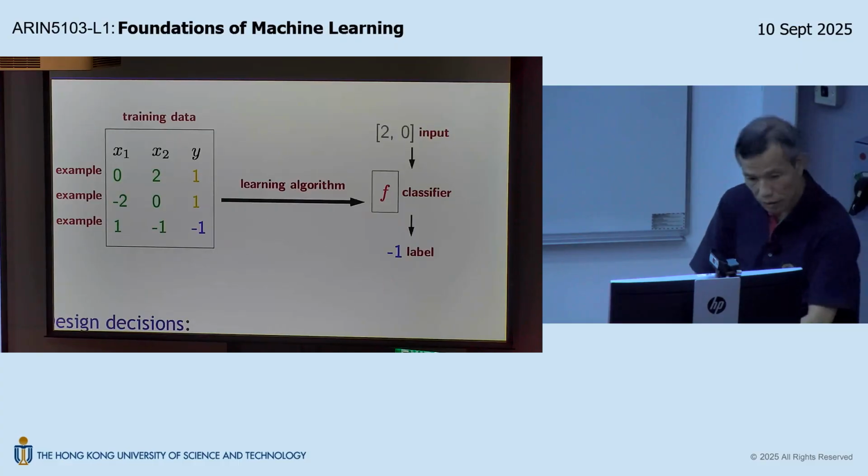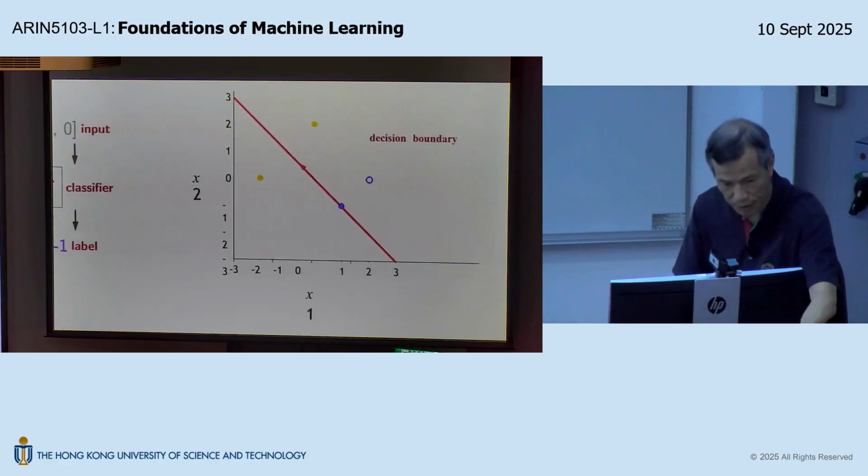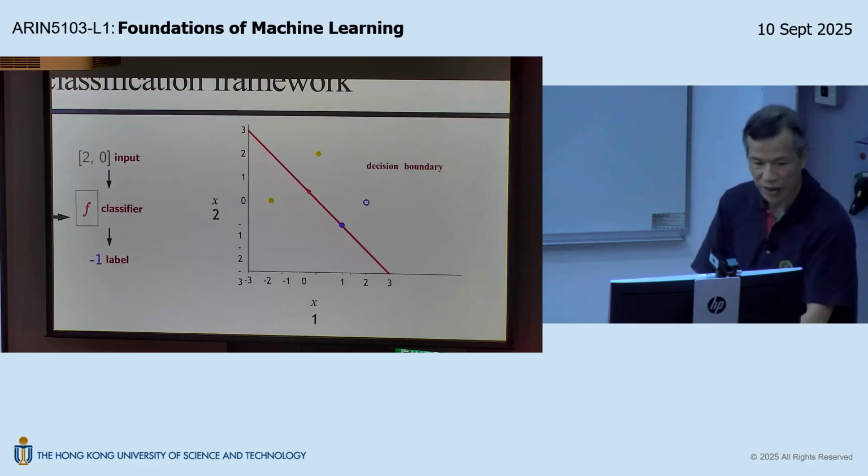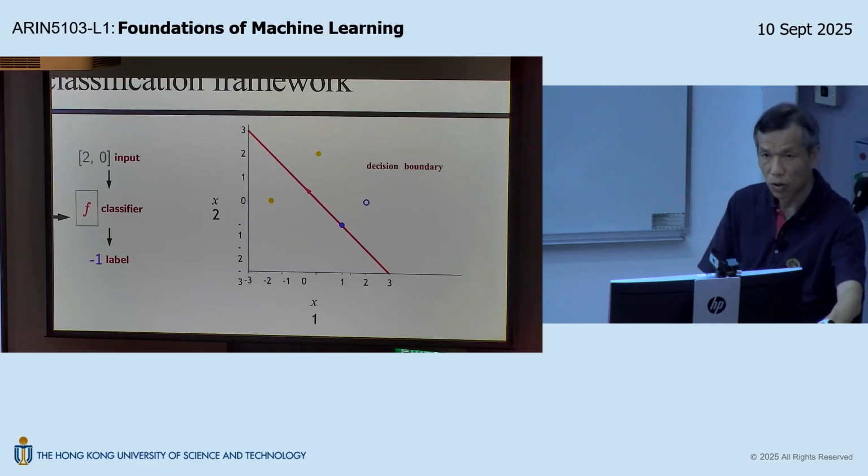Diagrammatically, again, it is very similar to what we had before, except that now we have a 2-dimensional input, x1, x2. Each point is a 2-dimensional point. We have 2 classes, which we denote by the colors yellow and blue.